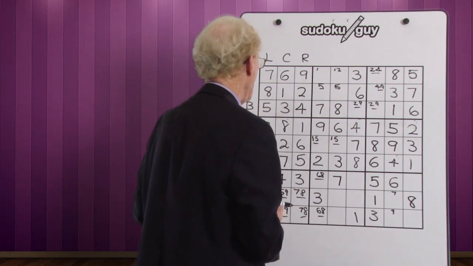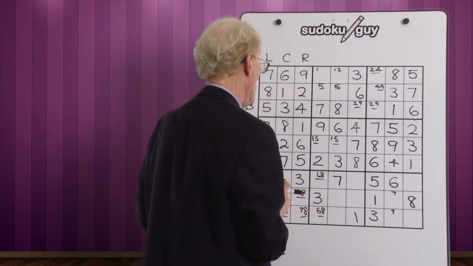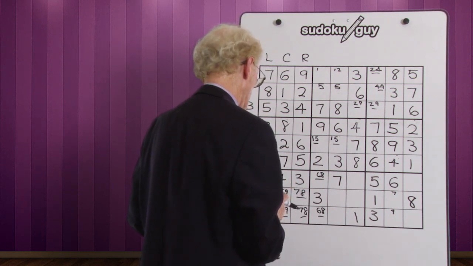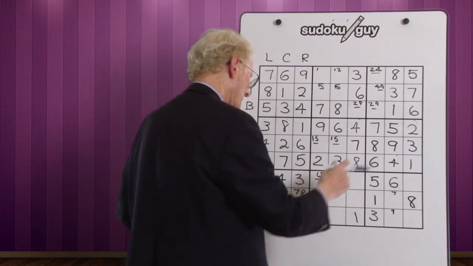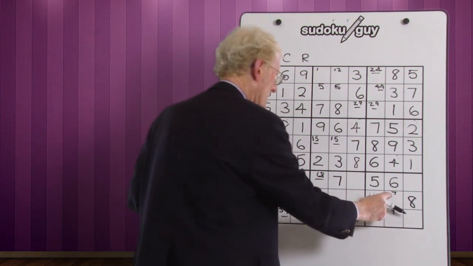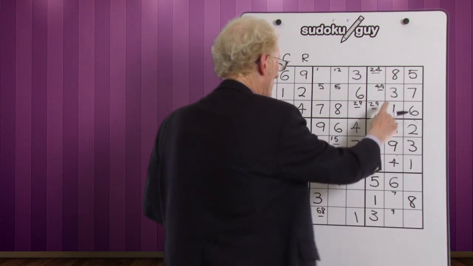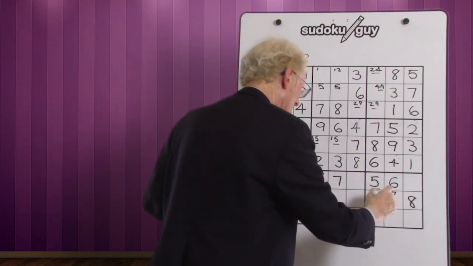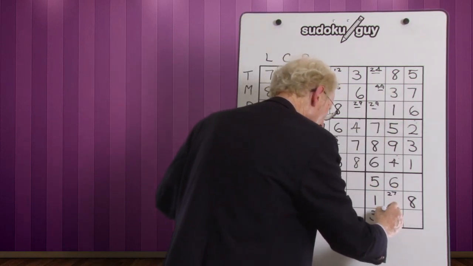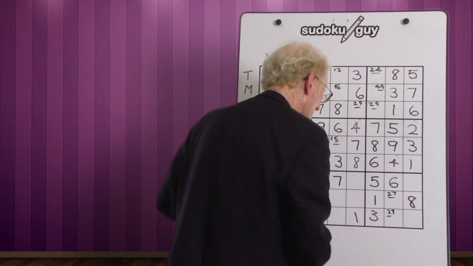Now let's look at somewhere else where we've only got a few left. Here we have a 6, 8, 6, 8. We only have 2 left in this row. What was it again? Let's check it out. 1, 2. Well, there's a 2 missing, so it's a 2, 7. A 2, 7 matching pair. Wow.